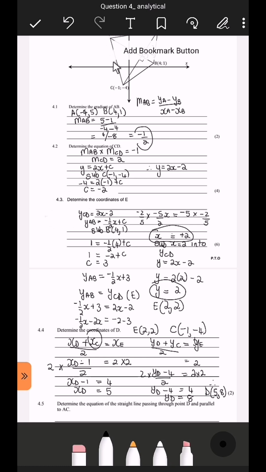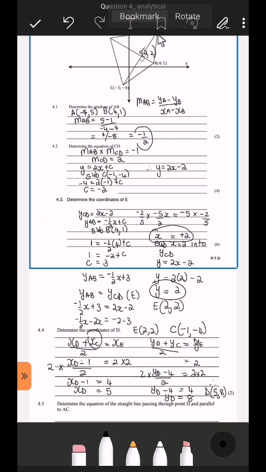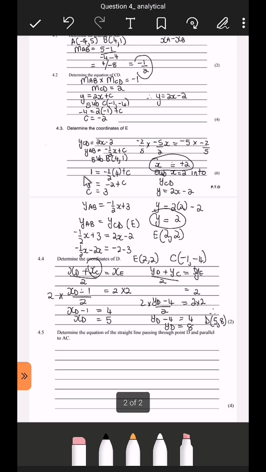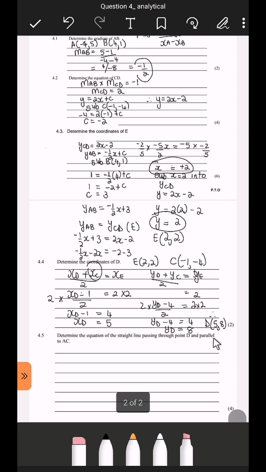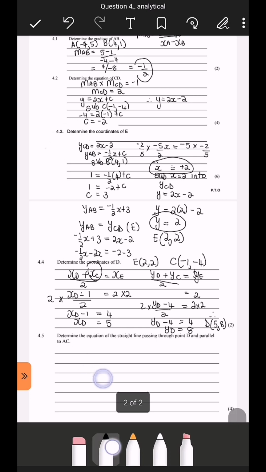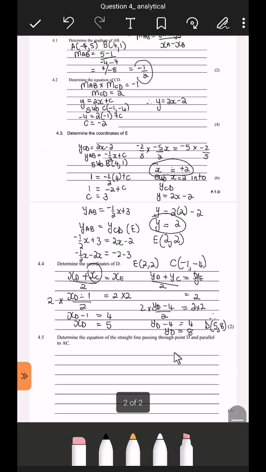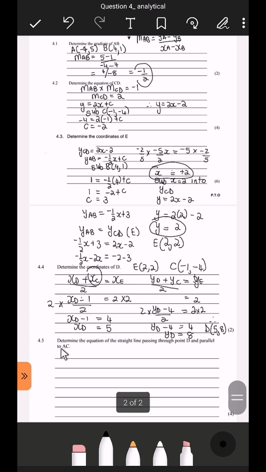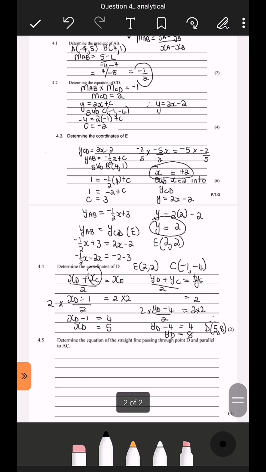Because it's parallel to AC. One thing that is very important in this particular sentence is that it's parallel to AC. What does that mean?